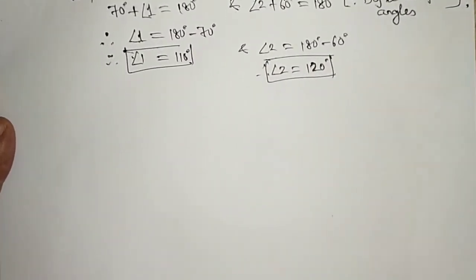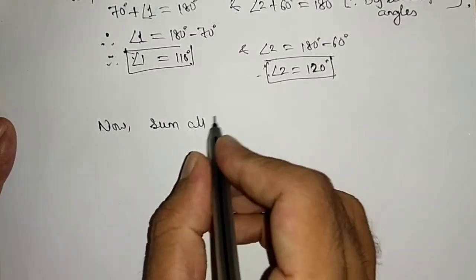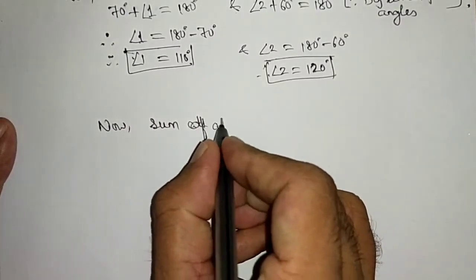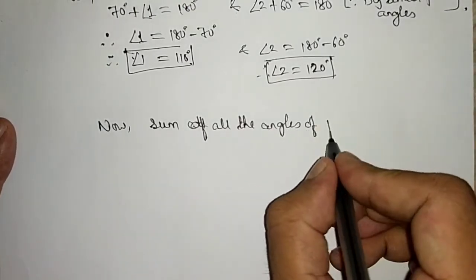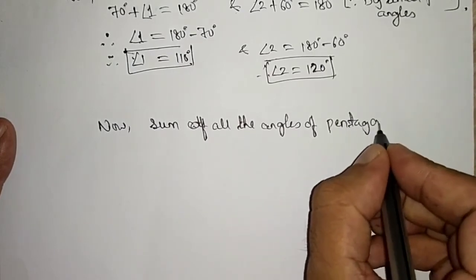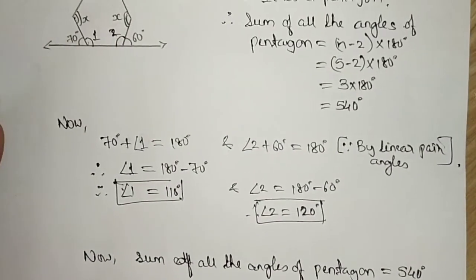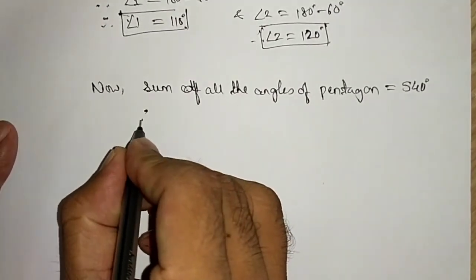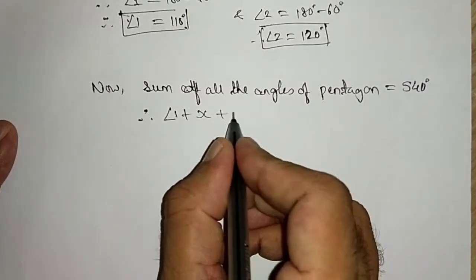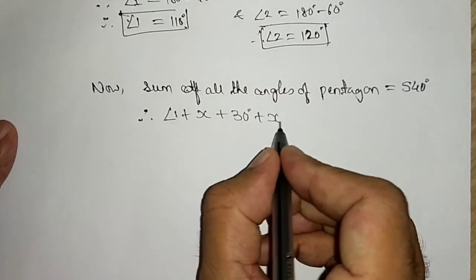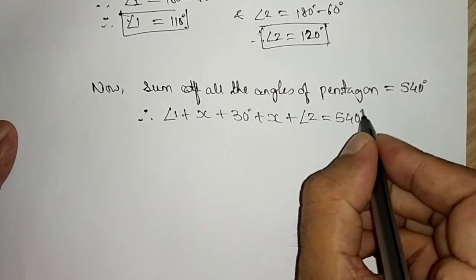Now as we know, the sum of all the angles of a pentagon is equal to 540, that we have taken right here. So therefore can I write angle 1 plus x plus 30 degrees plus x plus angle 2 together will give us 540 degrees.